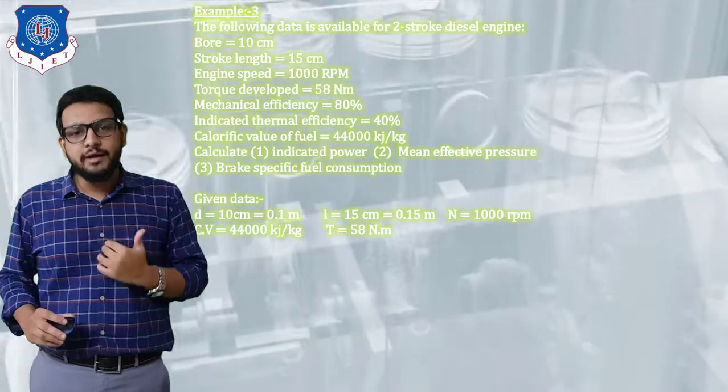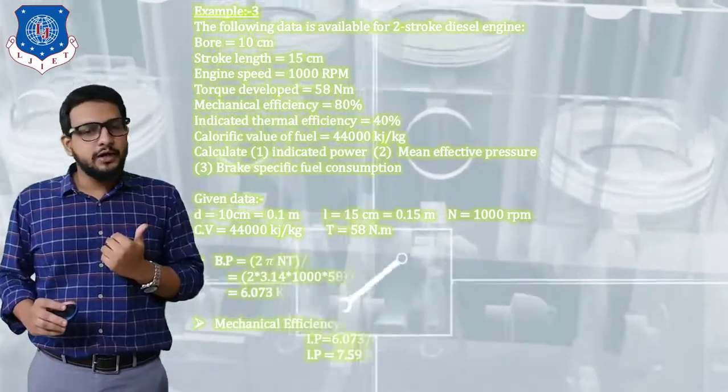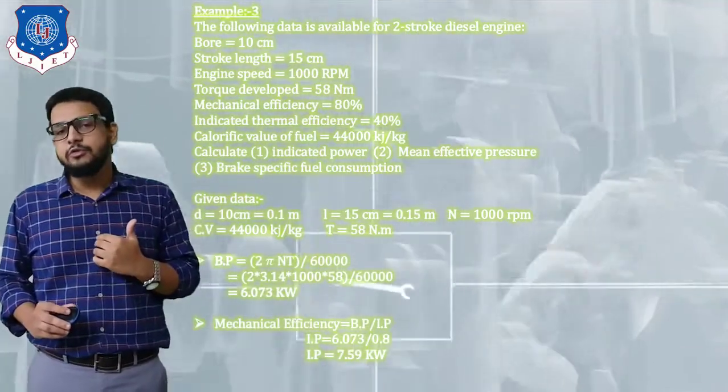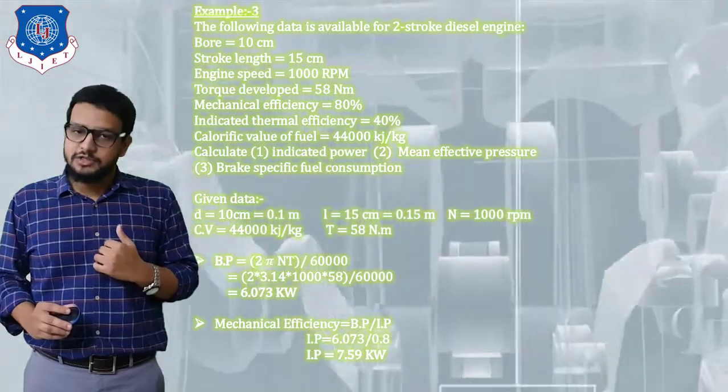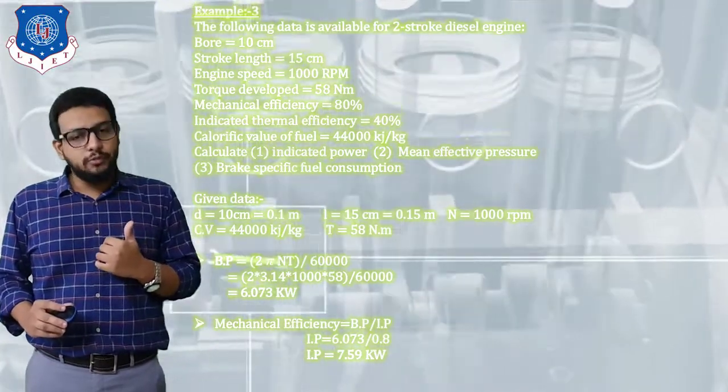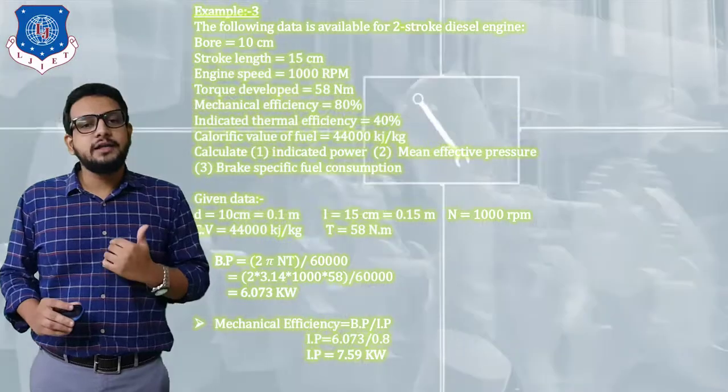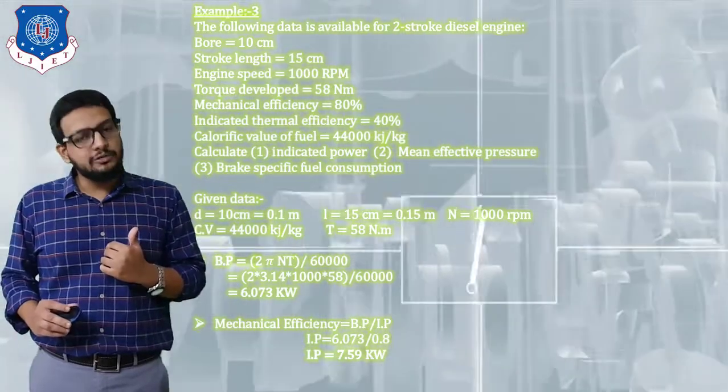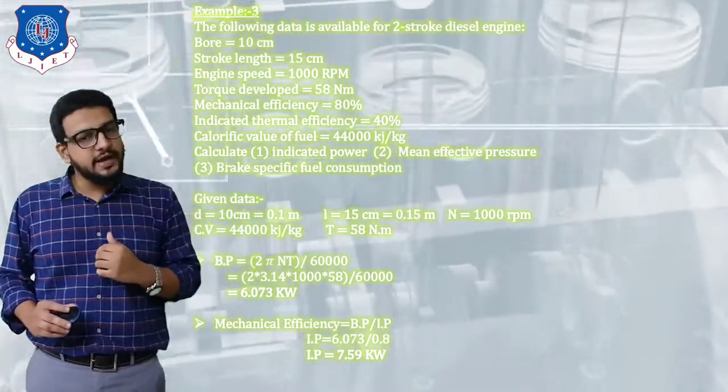So first let's determine brake power. How can we do that? As we know the formula, brake power is equal to 2 pi NT by 60,000. So 2 into 3.14 into N, where N is the engine speed, given as 1000 rpm, into torque, which is also directly given.